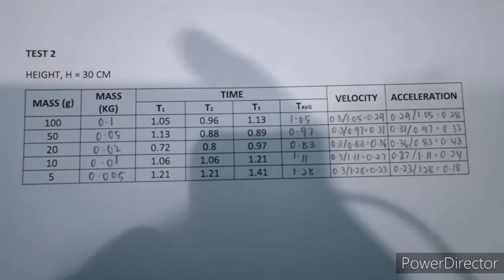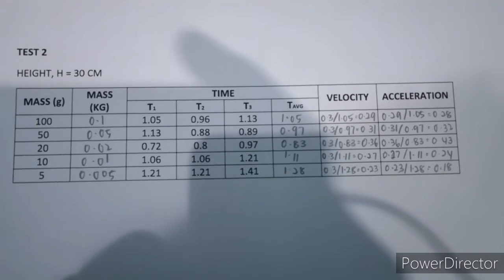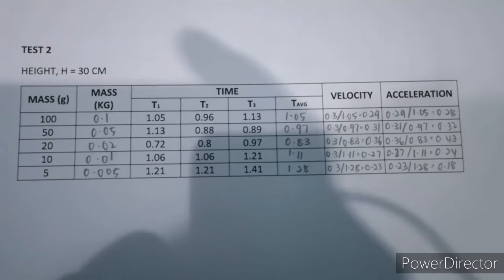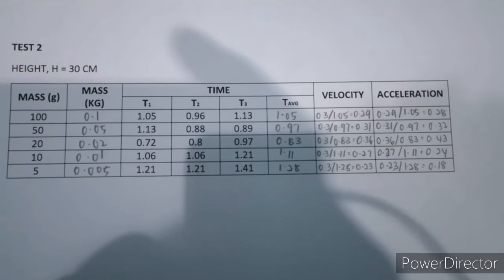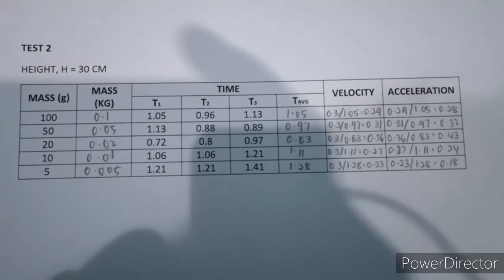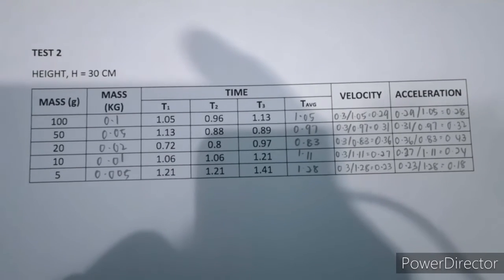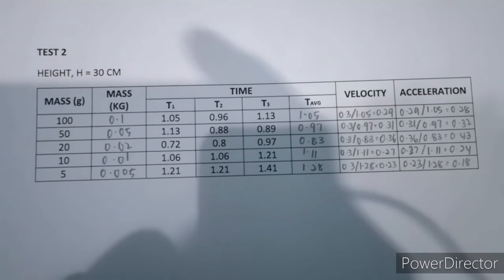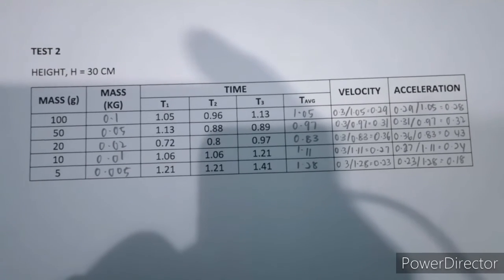So we got the answer for all the velocity, and the acceleration is the same too. We use the answer from velocity divided by time, and we got the answer. So mass that we change from gram to kilogram is 0.1 kilogram, 0.05, 0.02, 0.01, and 0.005.